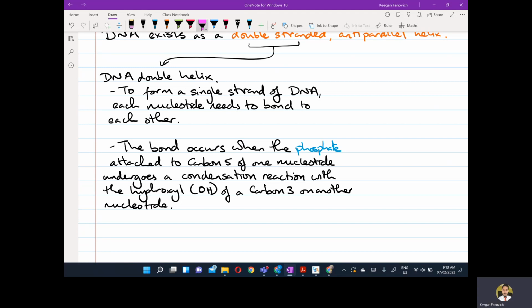So off the bat, you could tell that the two carbons involved are carbon 5 and carbon 3, right? Okay.